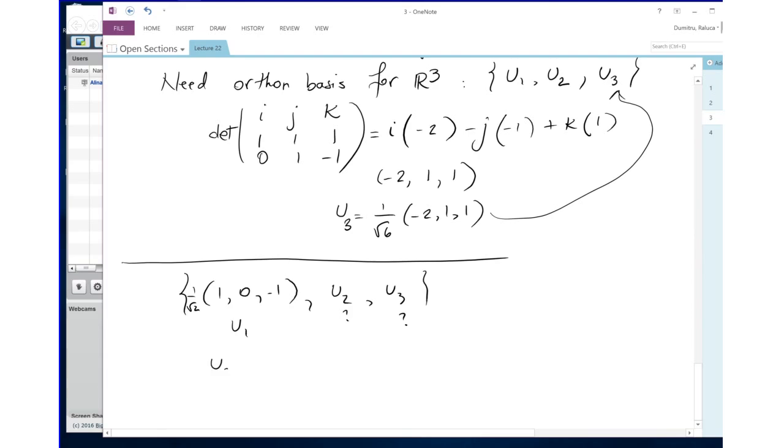I can come up with a vector orthogonal to this U1. Just the simplest thing possible, such that the inner product between that something and the original one is 0. The simpler, the better. Once you have 2 of them, you apply the previous idea: you find the third one by taking the cross product and normalizing.